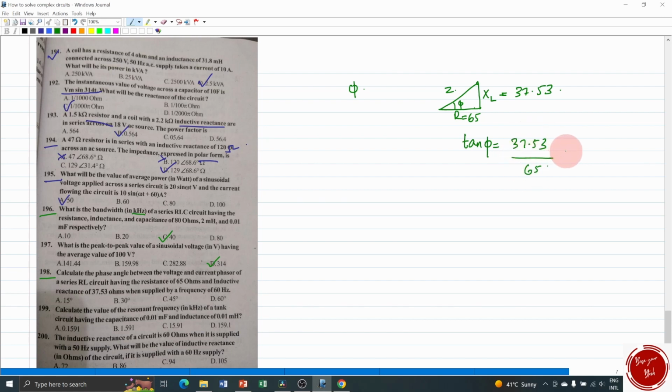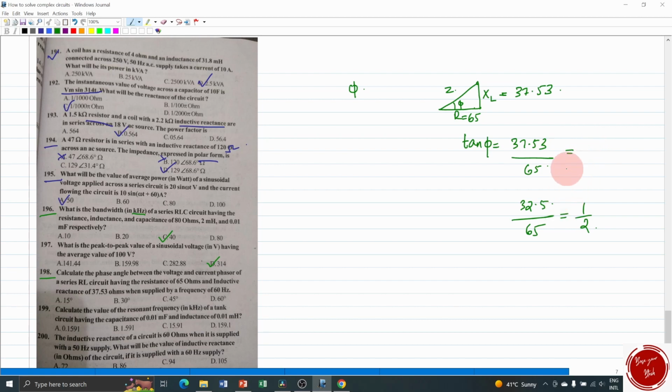What will be the value coming up? If it is 32.5 by 65, then we can easily get 1 by 2, that is half, but it is 37.53, so it is a little bit greater than 1 by 2, isn't it?